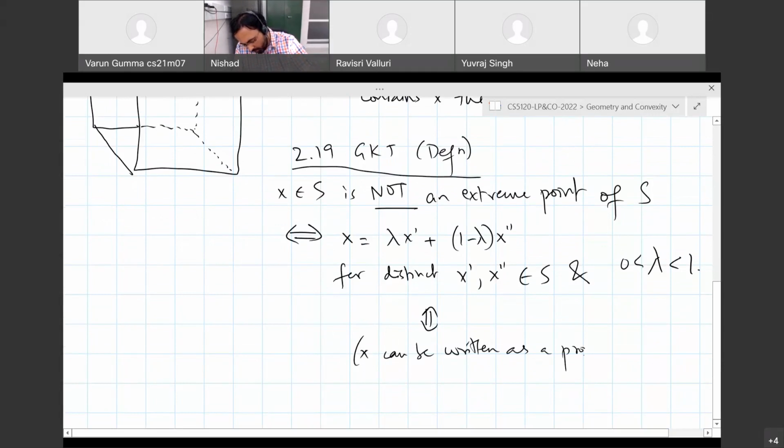Okay, so does everybody see why these are all equivalent statements? We haven't said anything deep so far, right? We have just written down the definition in a bunch of different ways.